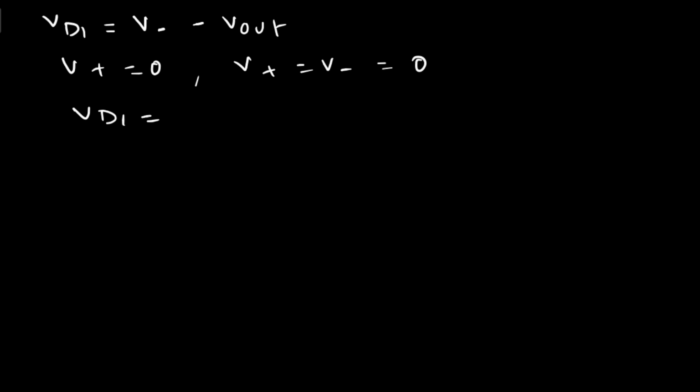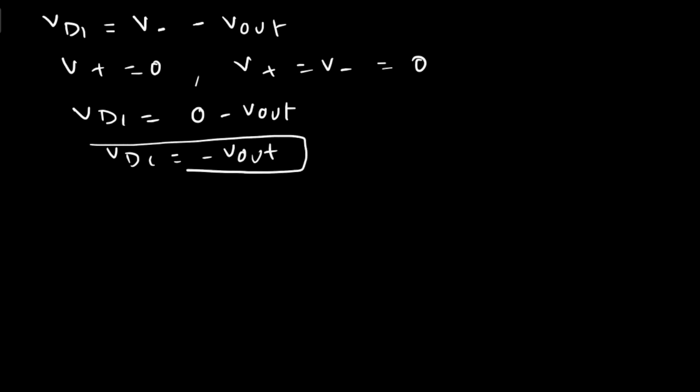But according to the virtual ground concept, V plus equals 0, so V plus equals V minus equals 0. Therefore VD1 equals 0 minus V out, which is equivalent to VD1 equals minus V out. This is one more relation.